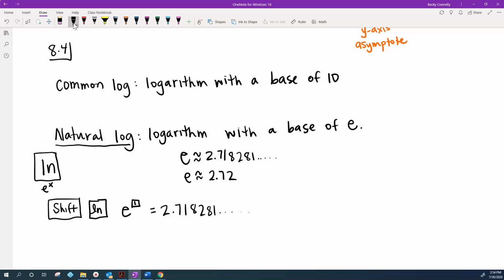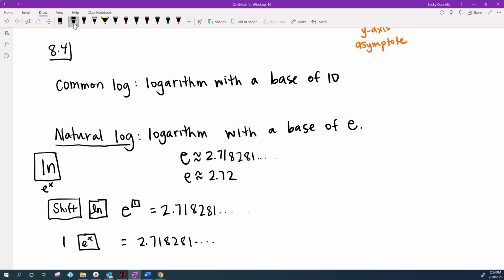However, on some of yours, you're going to have to go the other way. You'll put the 1 in first, because it wants the power, and then click on that e to the x button. Then you'll get 2.718281 and so on.